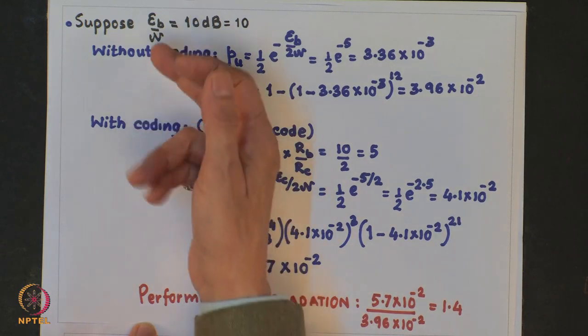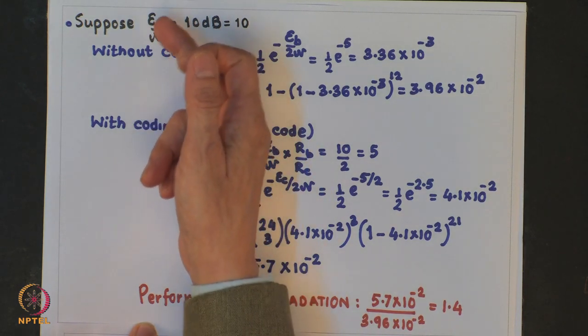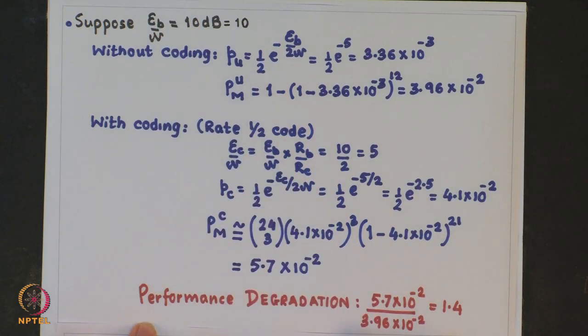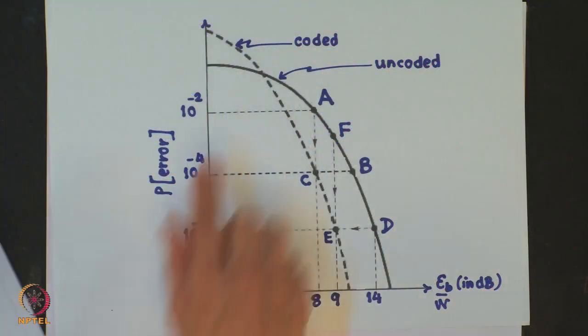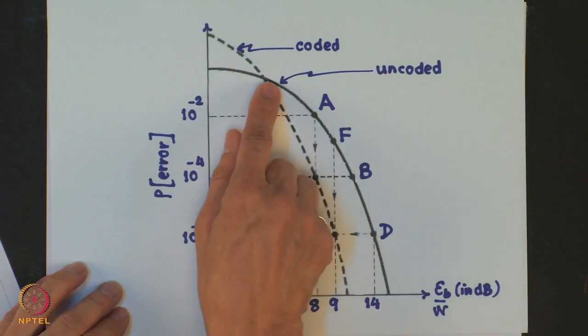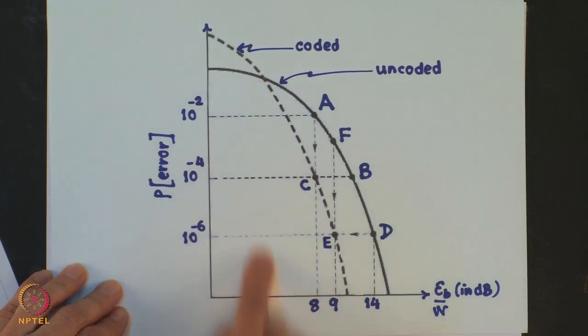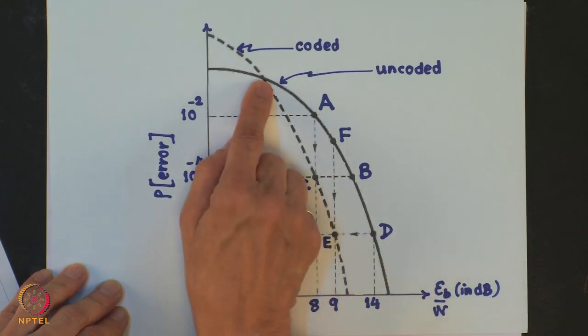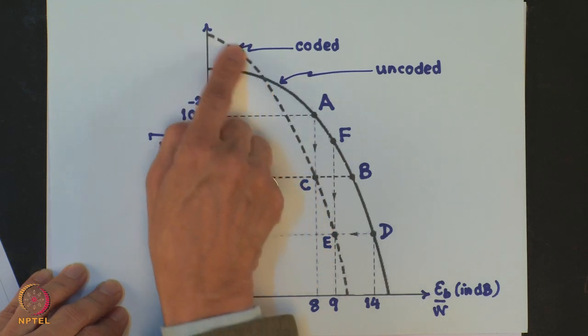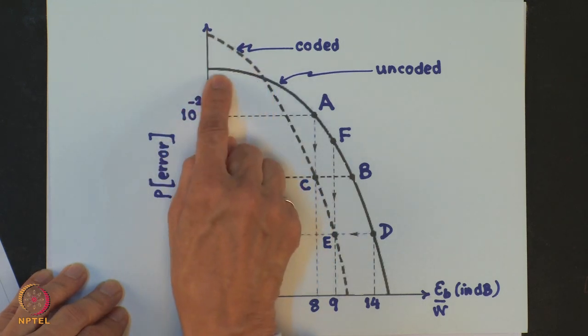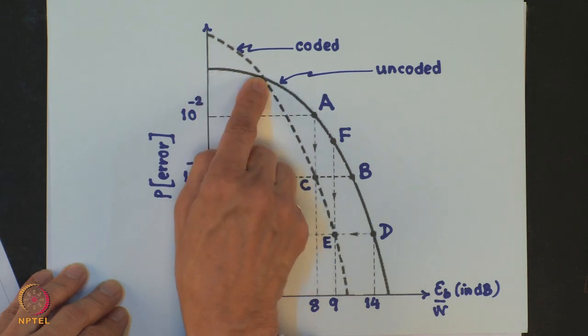So, if the received SNR per bit is very low, then we see that the coding does not help. And this fact is also reflected in the figure which we saw here. So, there is a threshold of SNR per bit below which the performance of the coded system is degraded compared to the uncoded system.